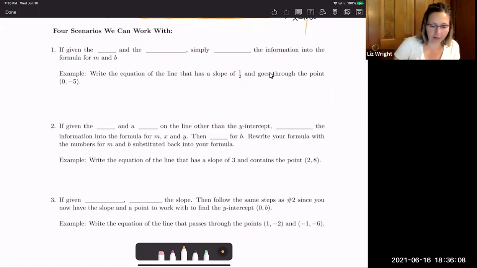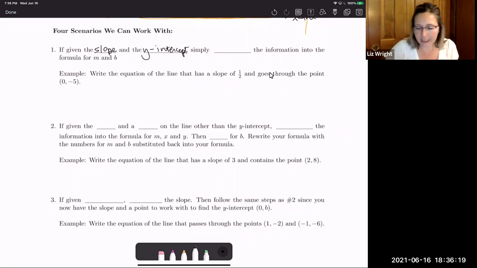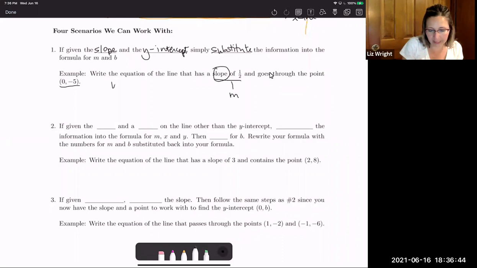If given the slope and the y-intercept, simply substitute the information into the formula for m and b. For example, if it says write the equation of a line that has slope of 1/2, we know that goes in for m because it says slope, and goes through the point (0, -5), then we are to write the equation of a line in the format of y equals mx plus b.